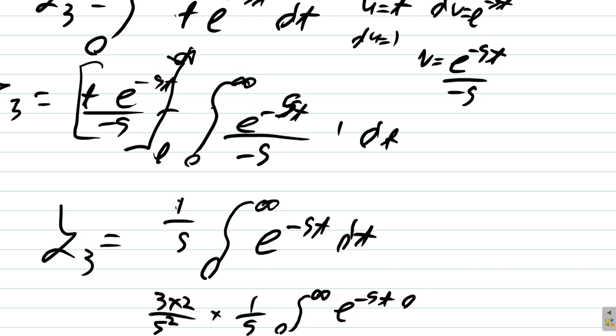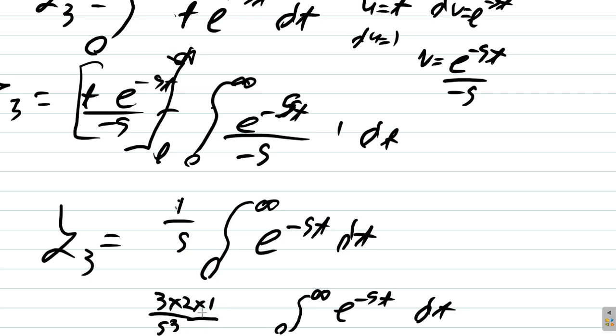Let me write the dt down here. But s times this is s cubed, so let's just do that. This is no longer s squared, it's s cubed. And put this as 3 by 2 by 1. Alright?